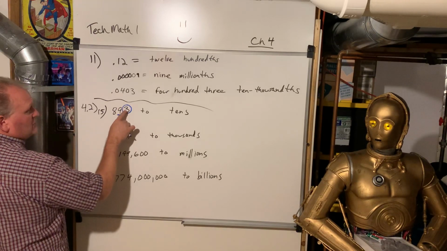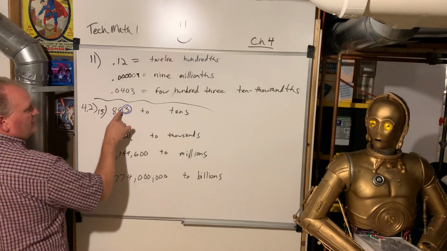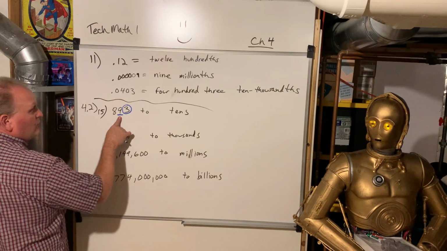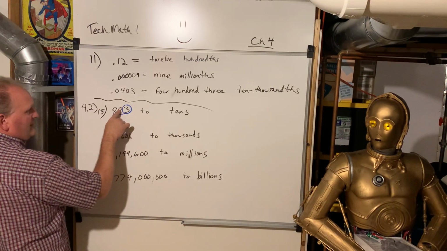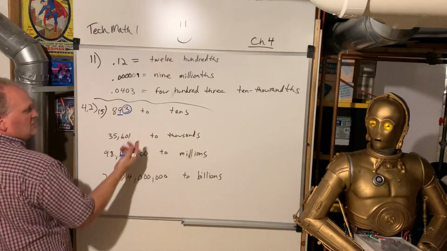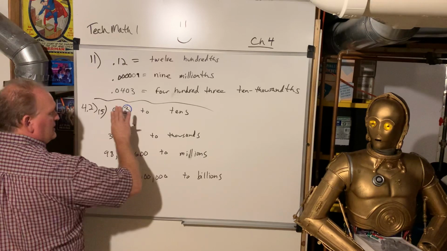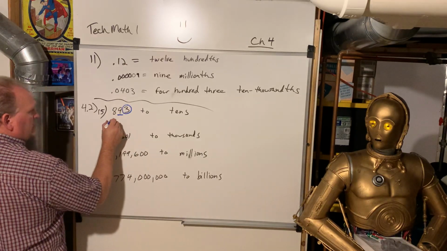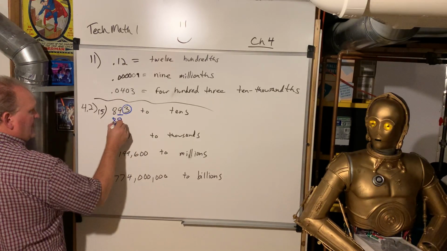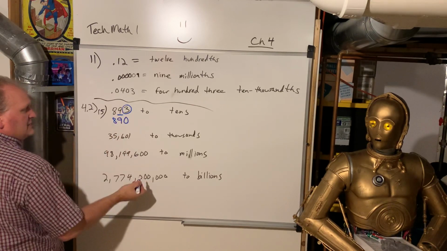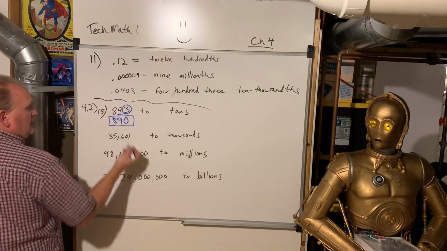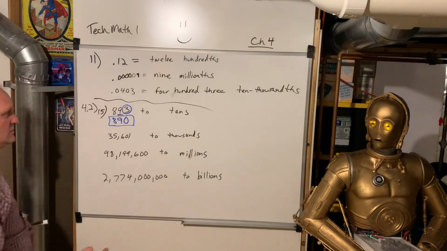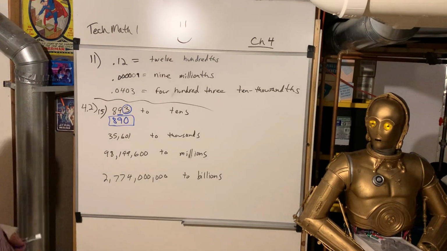If this were a 7 instead, it would become 900, and that would have still been to tens place, because the 9 basically becomes a 10, and then it carries over, all right? But it isn't, so we just leave the 9 alone and replace that with a 0, and that's it, you're done. 890 is rounded to tens place.